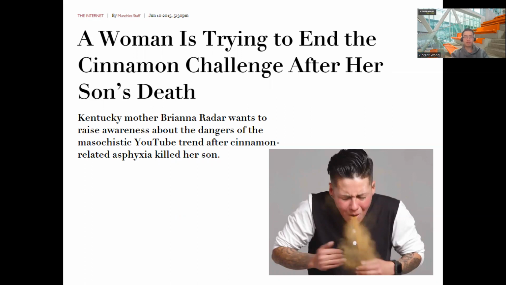Basically, the person has to swallow a spoon of cinnamon, and it's actually really hard to swallow cinnamon because cinnamon sucks up moisture pretty well. So when you put a spoon of cinnamon in your mouth, it dries up your mouth completely. And when it's really dry, as I told you in the last slide, it's almost impossible to swallow.